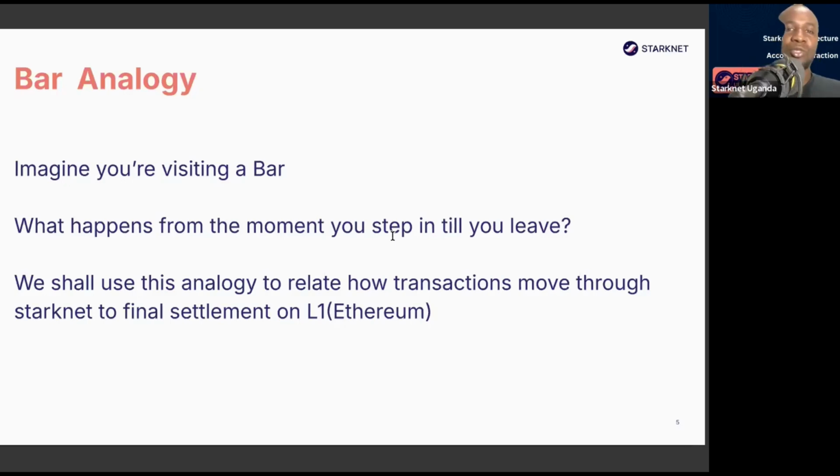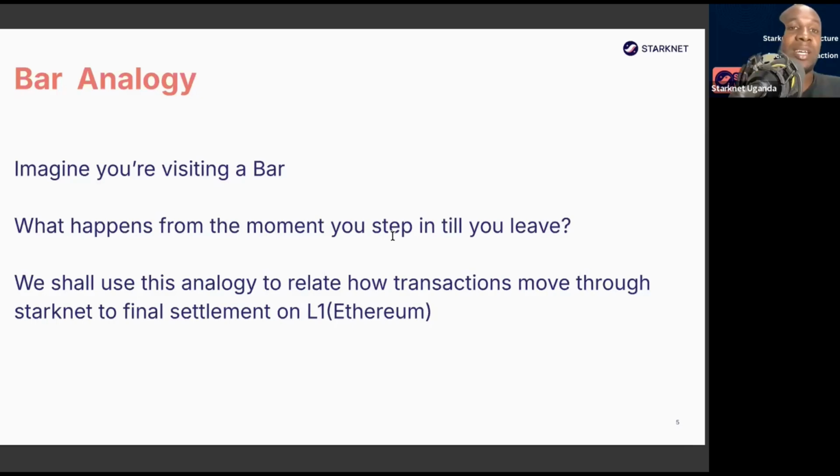So I just want to use that analogy to explain how Starknet processes everything from the point a transaction enters to the point that a block is being settled on Ethereum as an L1. Remember, I said Starknet is an L2, so it scales Ethereum.